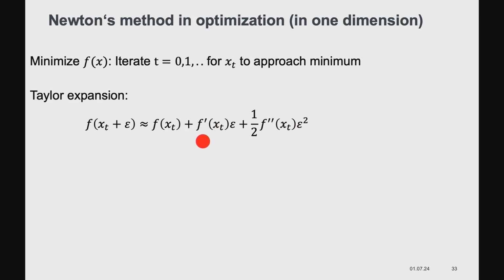And we have this Taylor series, which for f prime of x_t times epsilon is one part of the approximation. And then you have 1/2 of f double prime of x_t times epsilon square. And then this Taylor series continues with the third and the fourth derivative and a polynomial epsilon cube and to the power 4 and so on, with decreasing factors here.